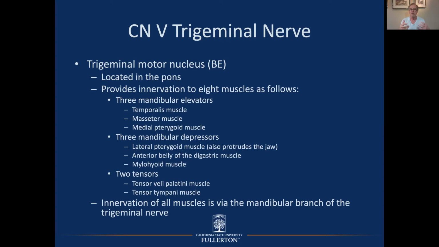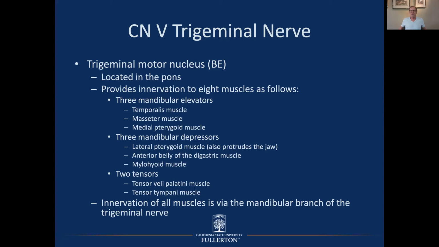So if you keep the elevator muscles contracted so that you don't open the jaw, and you contract the 2 lateral pterygoids, the jaw will just jut out. I'm trying to show it now. Maybe I need to do a profile for you to be able to see it, but you know what I mean. It just juts out, and we'll get into that when we test it.